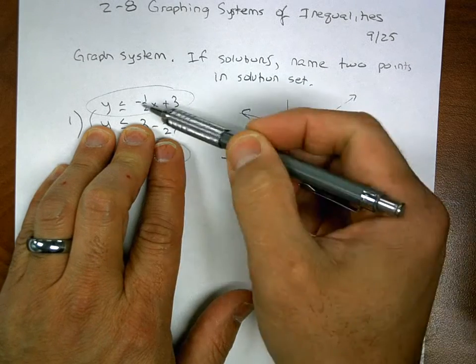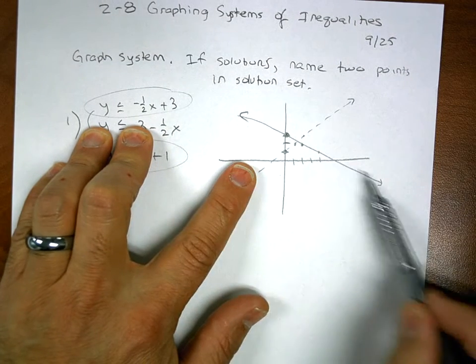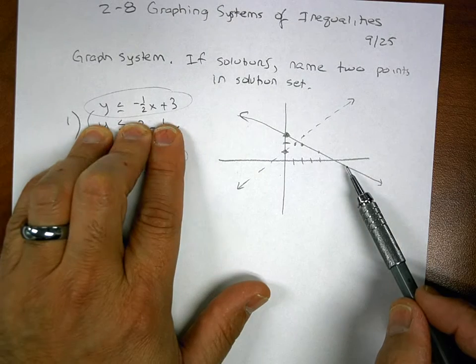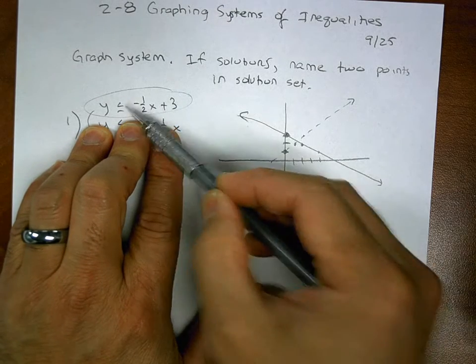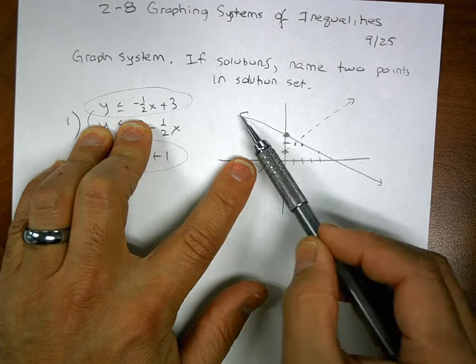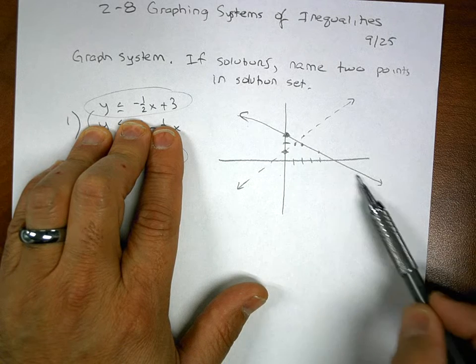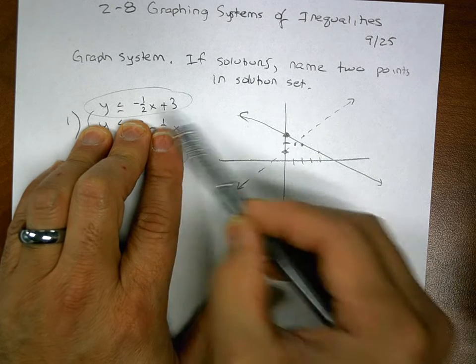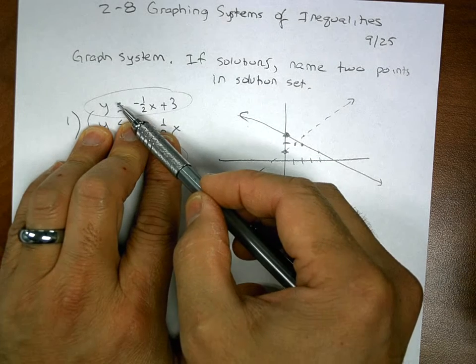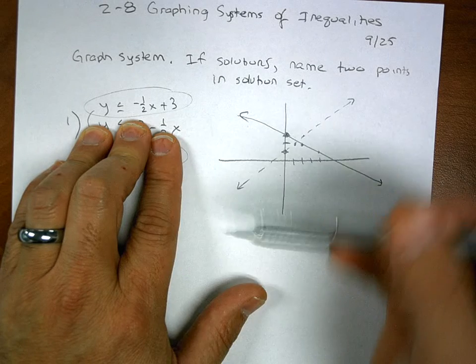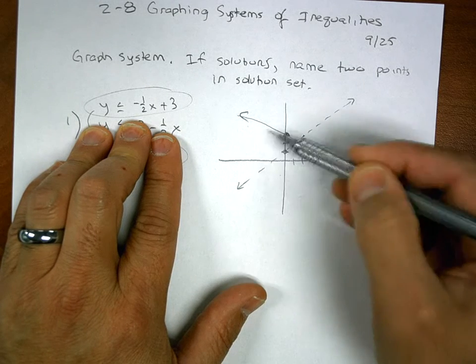So this is my solid line, right? So here's my solid line. Do you think we're going to shade, don't shade yet, but y is less than. So intuition, do you think we're going to shade below or above this line? If it says y is less than. Below. Okay, so y is less than this line, so I'd shade below.